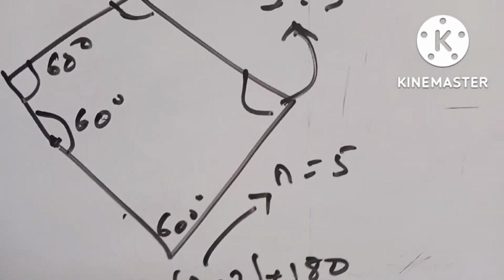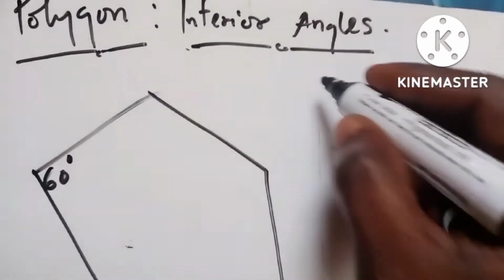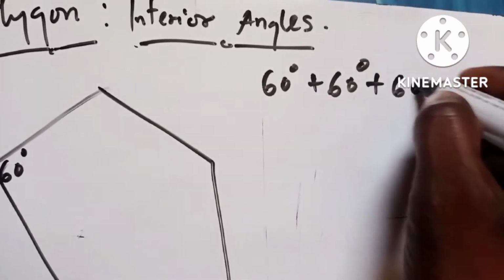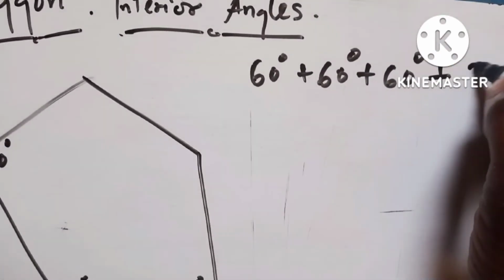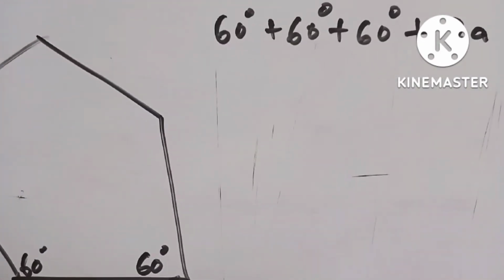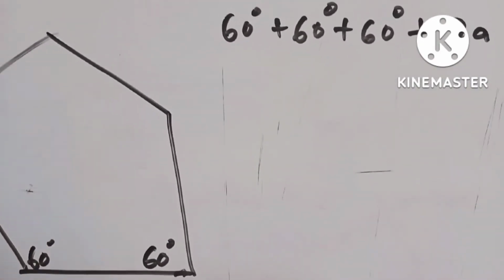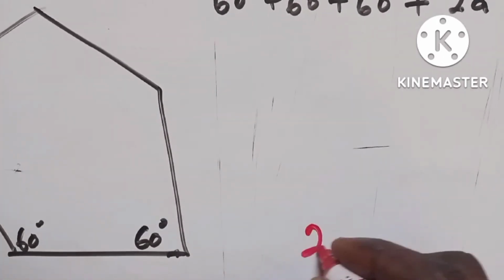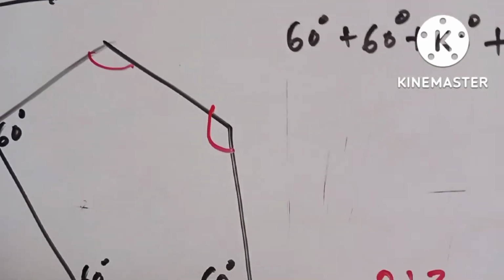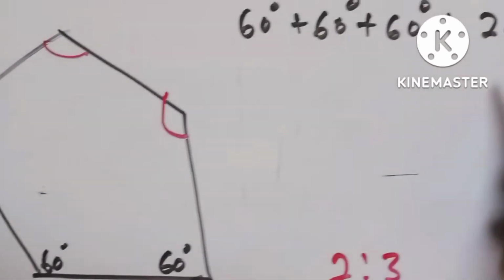So let's do that. That is going to be 60 plus another 60 plus another 60, plus 2a. This a here can be any letter; it is a constant of proportionality. Because we are told that these two are shared in the ratio 2 is to 3, they are sharing just this a.